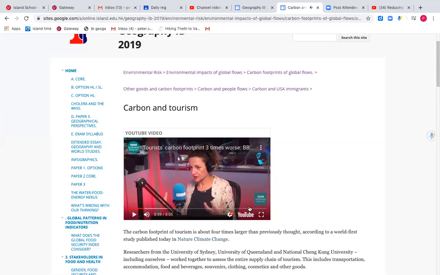So, a new report has concluded that previous estimates on how much carbon is created by tourists and tourism, those estimations were wrong. Now, carbon's really important. Carbon emissions. Okay, so there we go. We can see that this study suggests that 8% of the world's global emissions are associated with tourism.